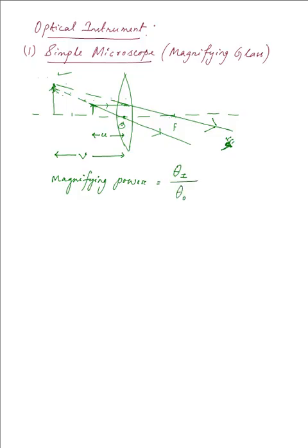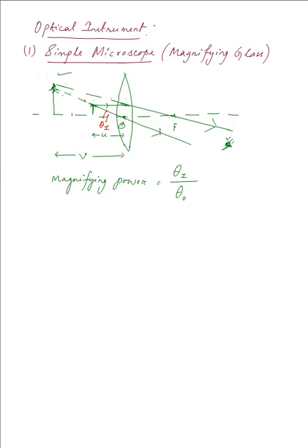Now, as you can see, both the object and the image subtend the same angle at the lens. The angle that I'm talking about is actually these angles. This is the angle, theta I, that is the angle subtended by the image. Now, if I am to consider the case of magnification, then I'll have to observe.